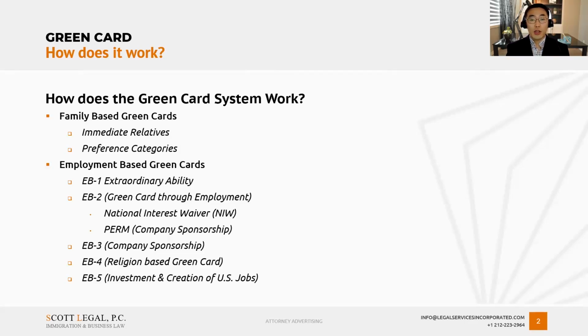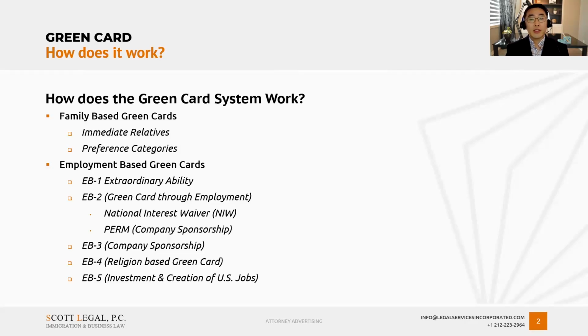Another example is the United Kingdom. In the UK, it's not every single visa, but certain types like work visas will let you apply for permanent residency after 5 years of residence there. So it's kind of automatically leading to your permanent residence in the UK for those particular types of visas. But unfortunately, the United States immigration system does not work that way.